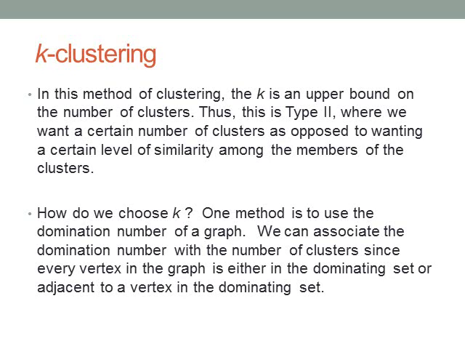Now recall type 2. Type 2 is where we decide how many clusters we want to have. And so we say we want k or no more than k clusters. How do we decide what k is? One method that we can look at is using the domination number of the graph.